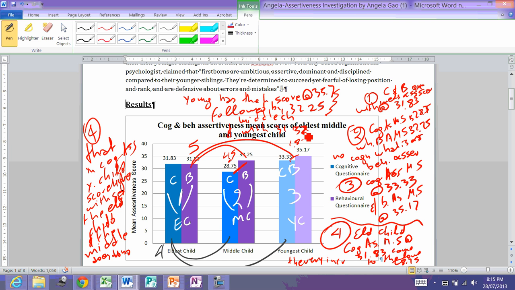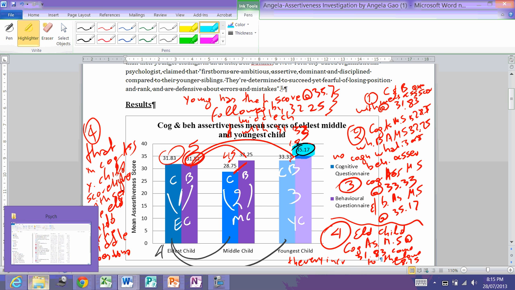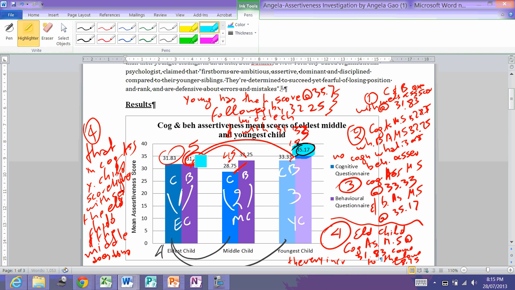I want you to calculate the difference between here and here, which is like 3.5. Whereas this and this is almost 3, whereas this is 3.5. This is the way we present the discussion.